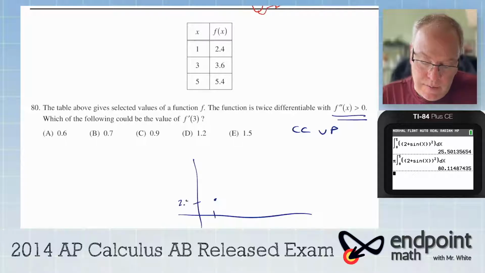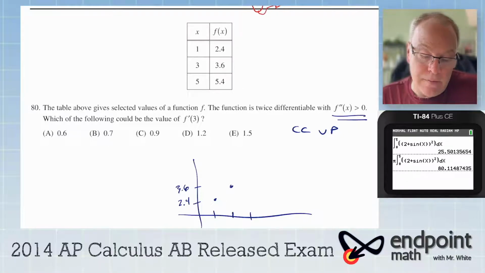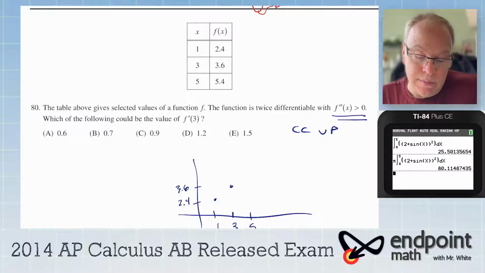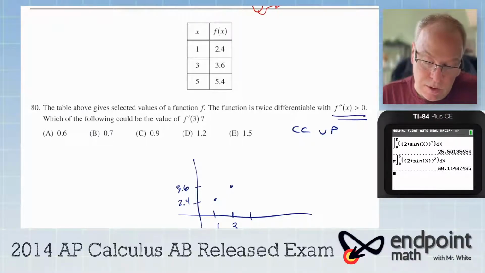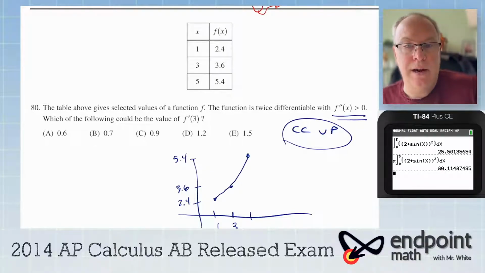Here's 1, 2.4. Here's 2, 3.6. And then at 5, 1, 3, 5, it's actually considerably higher. It goes up by 2 instead of just by 1 or so. I'm just estimating here. So 5.4, it's way up here. So this thing is definitely concave up the whole time because of this right there.